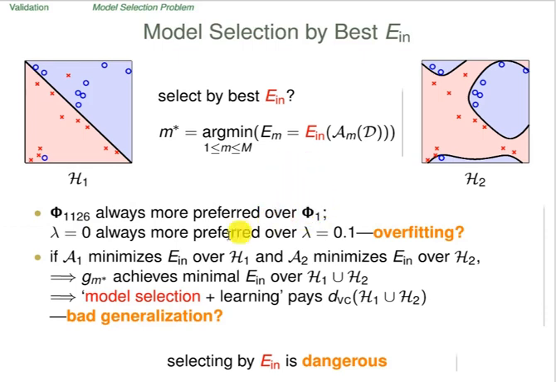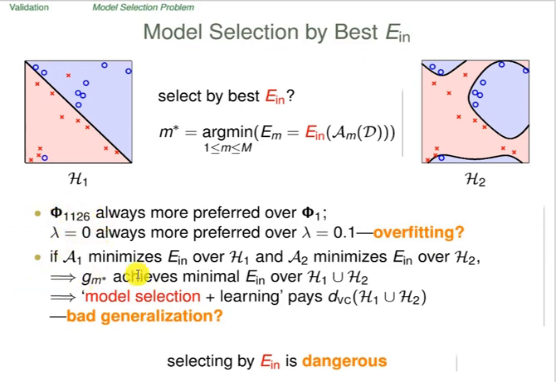And when it comes to the regularization parameter, lambda 0 would always be preferred over lambda 0.1, for example, which would restrict the hypothesis from achieving in-sample 0. Lambda 0 does not control the complexity of the hypothesis.